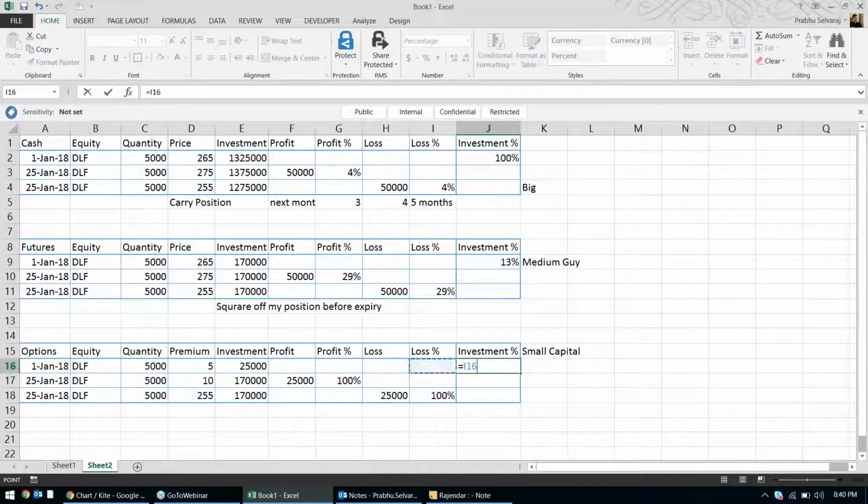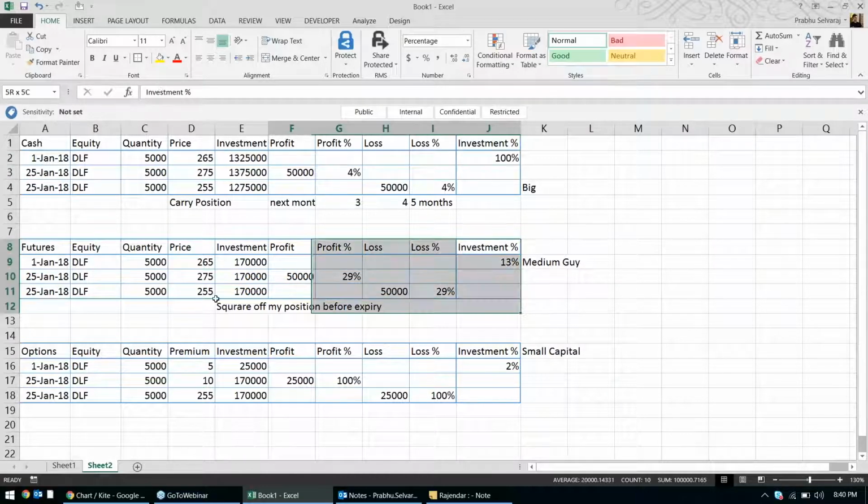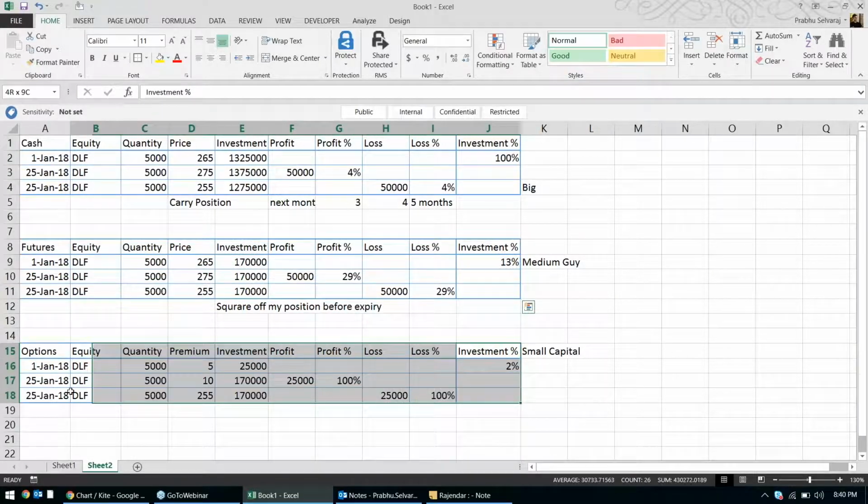The capital he is going to invest in the market is 2%. Okay, let me explain this once again. In cash, you need full investment. In futures, you need only 13% of your capital to take the same amount of shares to make the same amount of profit. In options, you need only 2% of your capital to make the same amount.